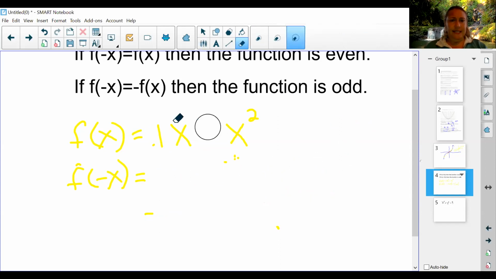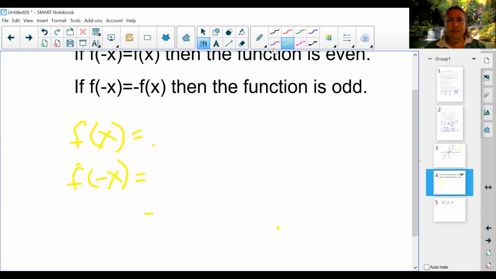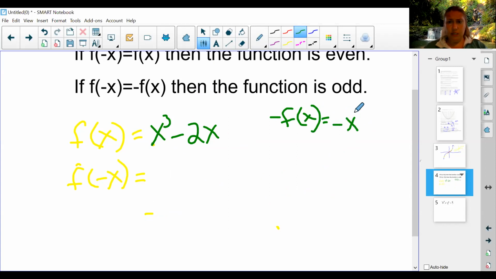And the very last example, f of x is x cubed minus 2x. Okay, so negative f of x, the opposite of f of x, would be negative x cubed plus 2x.